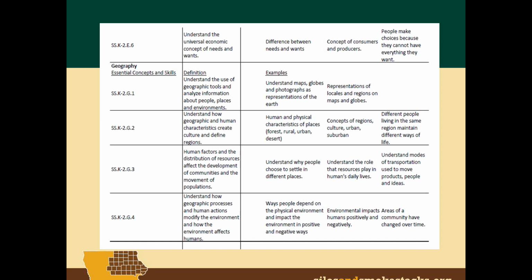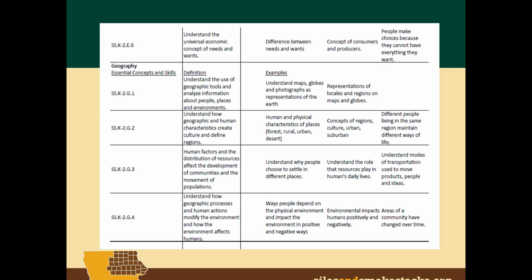The next portion is the grade that we're dealing with, K through 2nd. The very top one is for economics; the E is for economics. If you go down, you'll see we're actually in geography, so instead of an E we've switched to a G. And then the 1 is just that particular skill or concept.